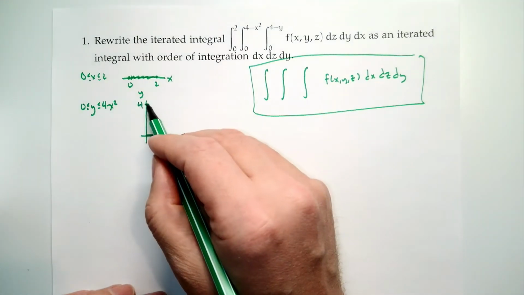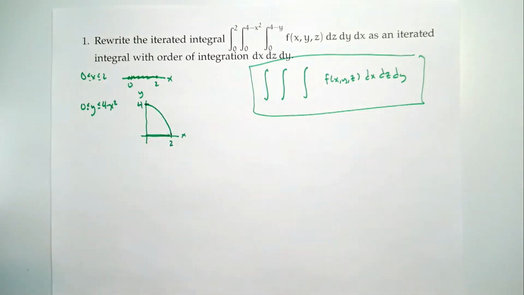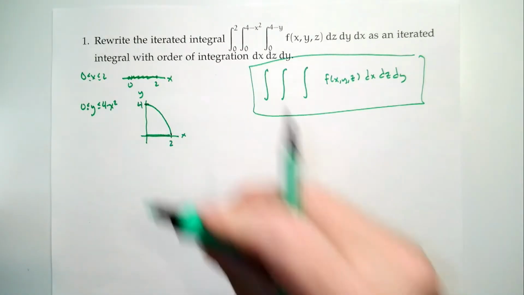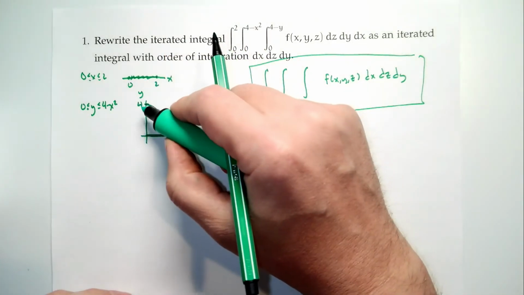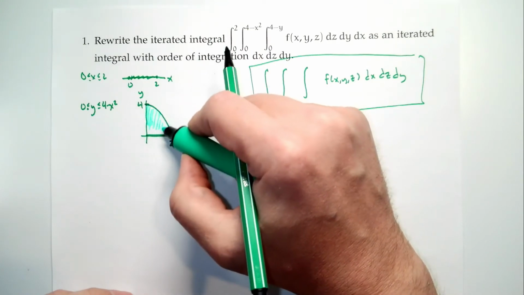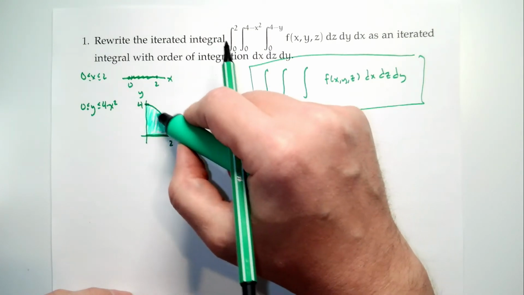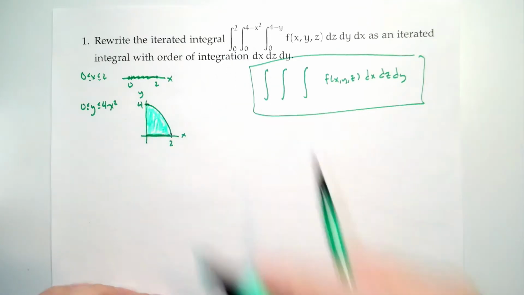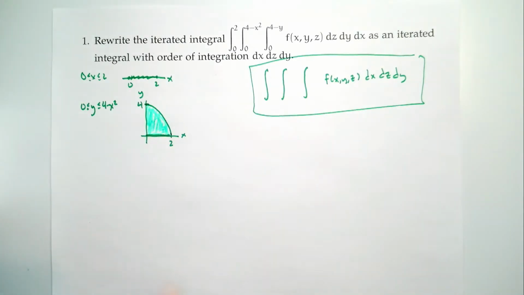So it looks like that. Okay, so our region is this shape. It's a parabola from 0 to 2. And of course, you should verify that indeed at x equals 2, you get y equals 0. That's not so hard to convince yourself.